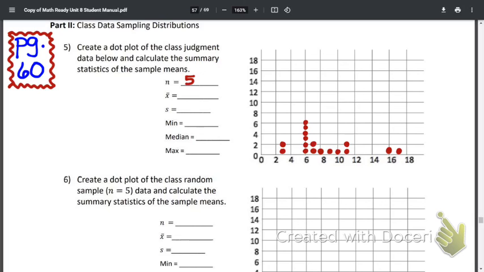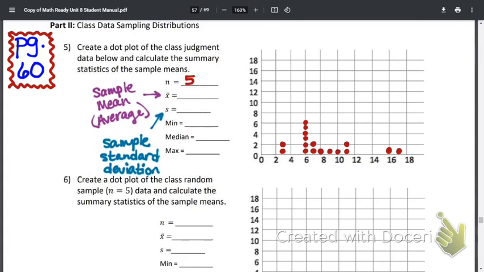Hold on, I'll bring that right back up. 7.2 was the median on our judgment sample. 3.2 was the minimum. And 17.6 was the maximum.